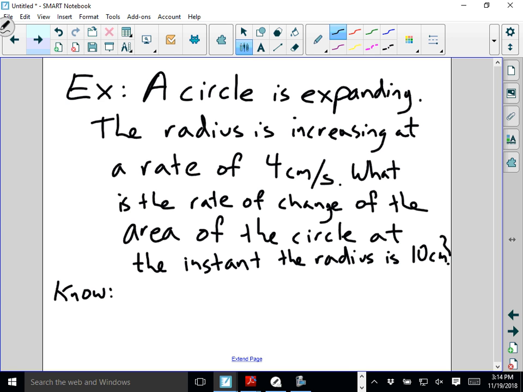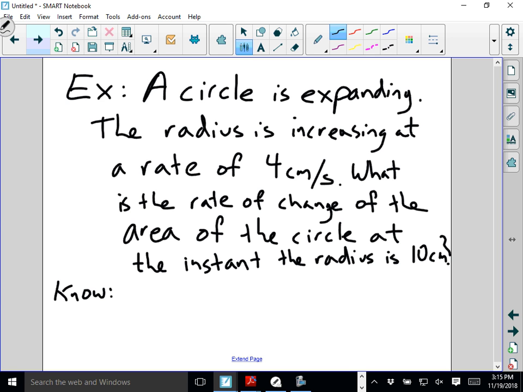Rates are easy to tell because they're going to be a unit divided by seconds, right? So when we take a look here, it says the radius is increasing at a rate of 4 centimeters per second. That doesn't mean the radius is 4. It means the radius is increasing at a rate of 4 centimeters per second.